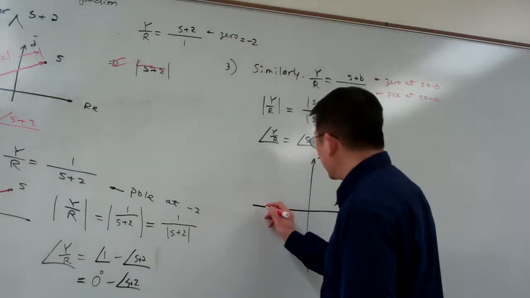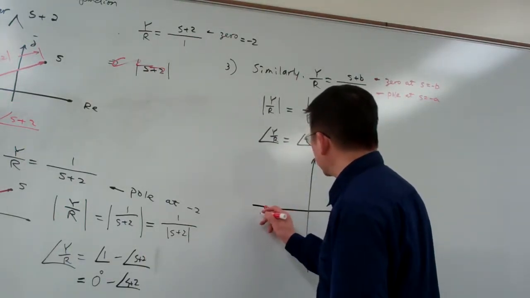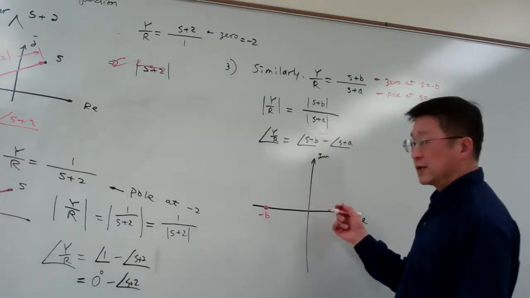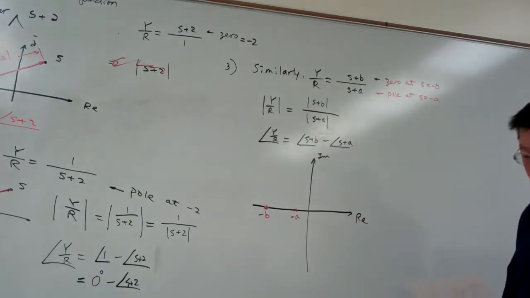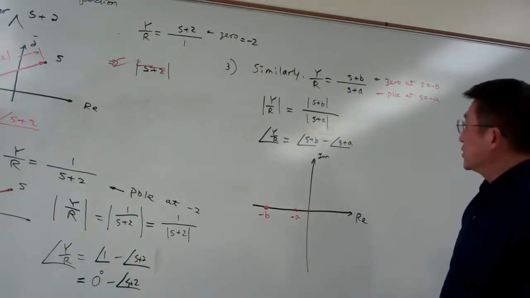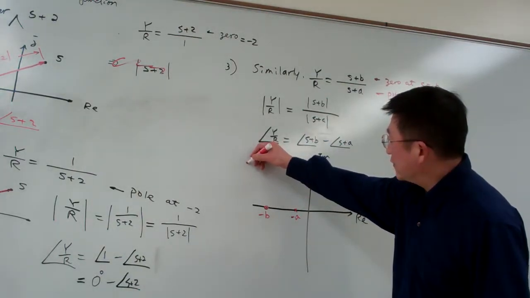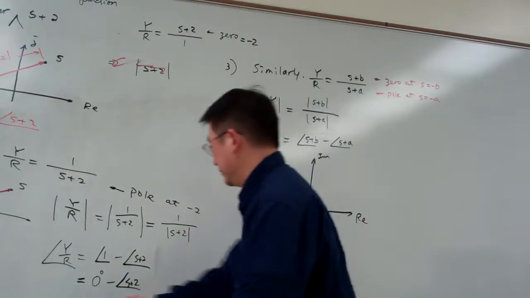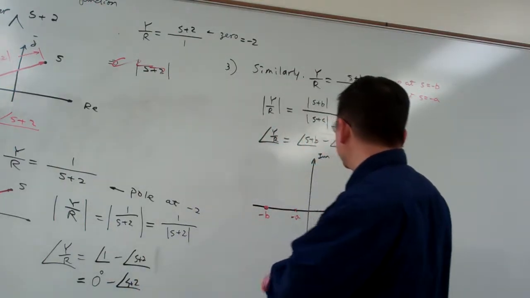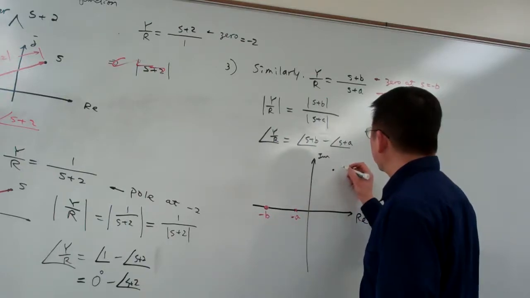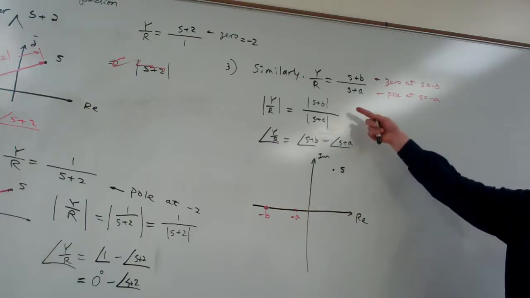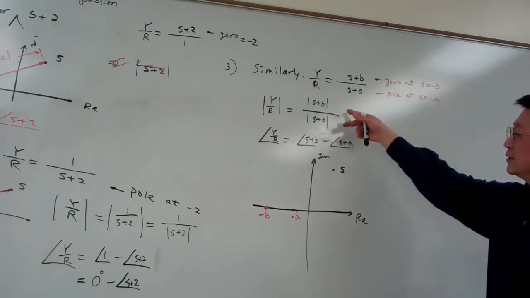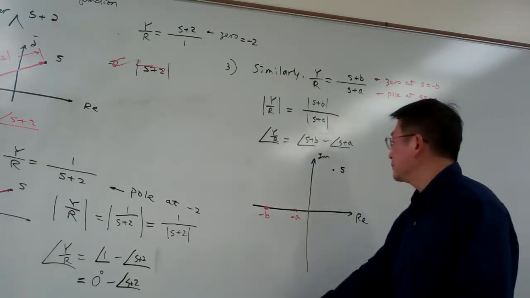For example, here we have a zero at minus b, and here the pole is at minus a. Okay? And say, for example, here we have a point here. How about this, I put the point here. Graphically, I am going to show you the meaning of this one.